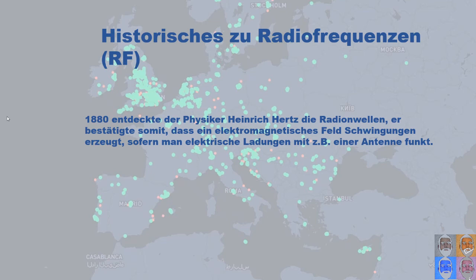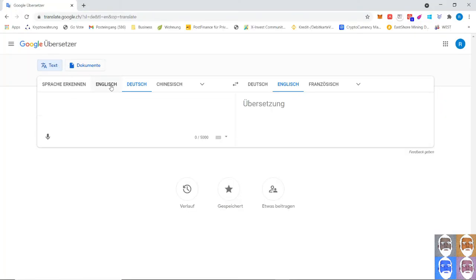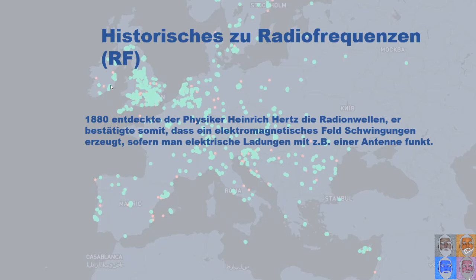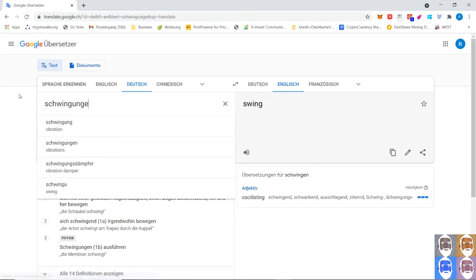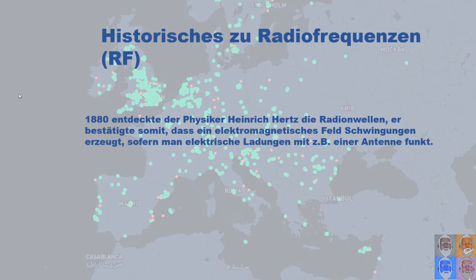So in 1880, entdeckte, discovered, the physicist Heinrich Hertz the radio waves, and he confirmed that the electromagnetic field on our planet gives waves, a kind of, not waves, vibrations, and if you give electric power to those vibrations, you will be able, with the antenna for example, to use these vibrations to transfer the data.